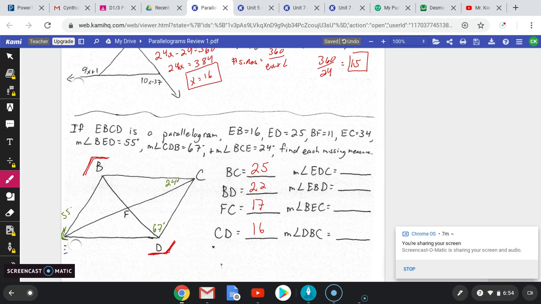But I do have a consecutive angle. This BED that they gave us was 55. Consecutive angles are supplementary, so I do 180 minus 55, and that gives me 125. So this right here is 125 degrees. I'm going to write that down there because it might help me in the future.